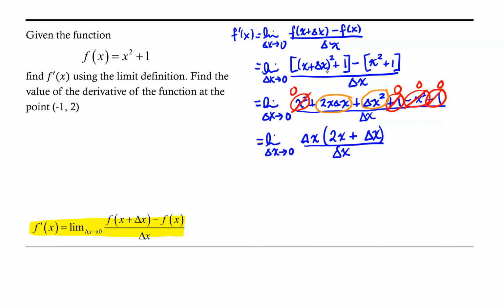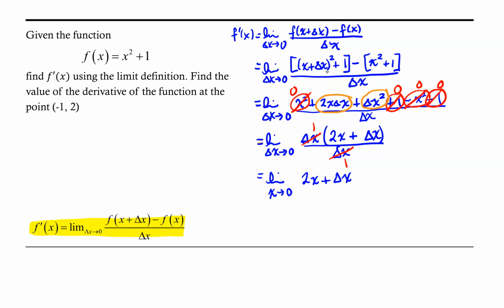Then all of that over delta x. At this point, I have a common factor in the numerator and the denominator of delta x, so they will divide out, and I'm left with the limit as delta x approaches 0 of 2x plus delta x.